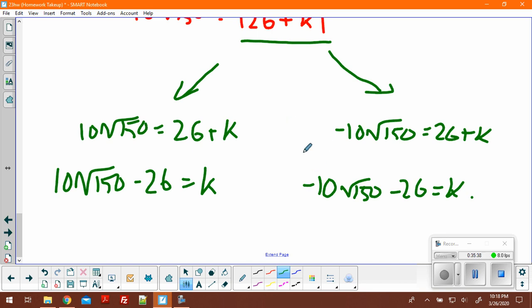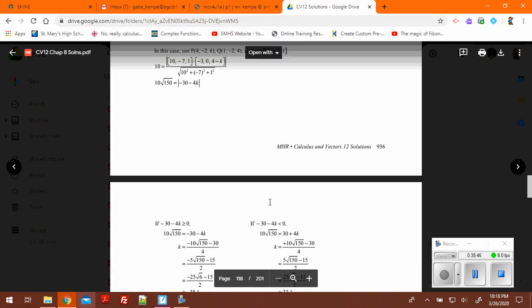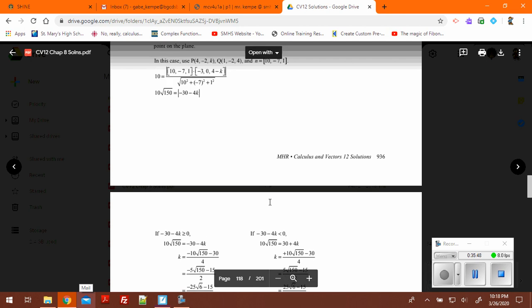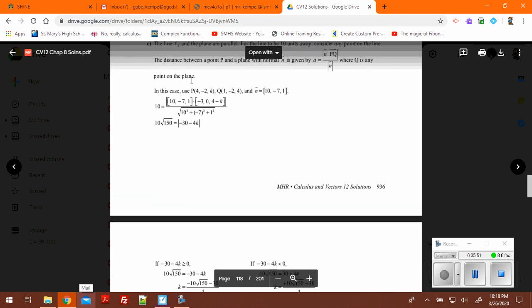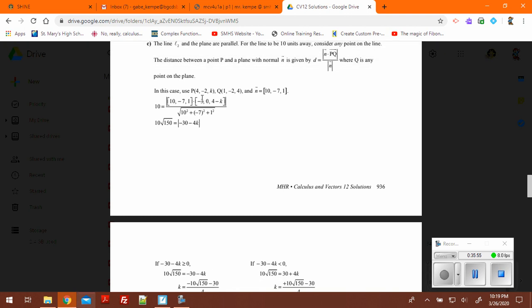I was just checking with the solution manual. It's online. They made a little mistake in their solution. I'll just show you briefly here. When they were doing the dot product, they had 10 times negative 3 is negative 30. Negative 7 times 0 is 0.